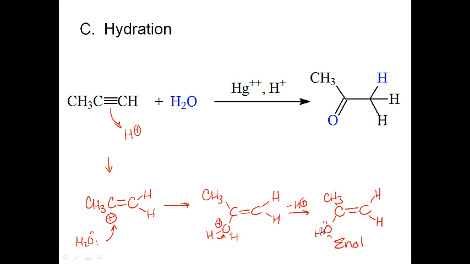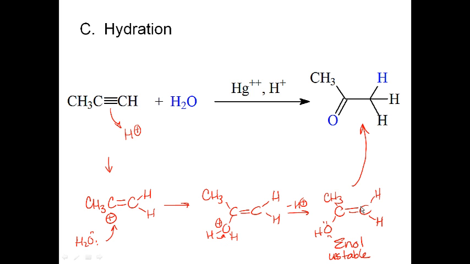Now it turns out that enols are very unstable. And so enols undergo a reaction to give me this product, which is called a ketone. The first three steps in this mechanism are exactly the same as they would be for a carbon-carbon double bond, except that the enol that I form is unstable and it undergoes a reaction to give me a ketone.